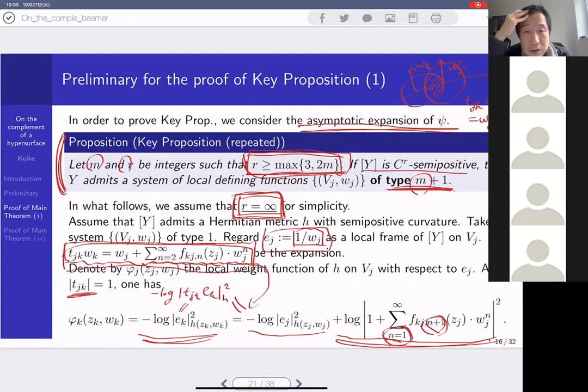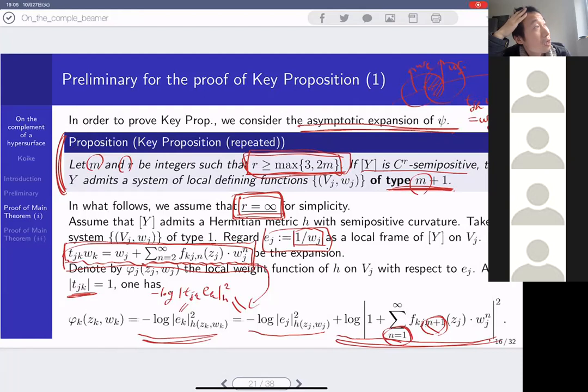If we take r equals infinity, that means at least for the local system, we already have a very nice local system for every order.